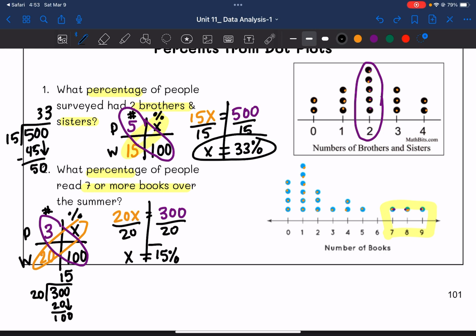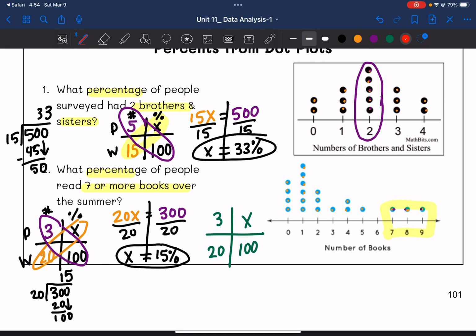All right, now I'm going to show you the other way. I'm going to do this one in green so that y'all can see it. I'm going to set up the proportion the exact same way, 3 out of 20, x out of 100. But here's where it's going to be different. Instead of cross multiplying, I'm going to find a relationship. I can check 3 to 20.